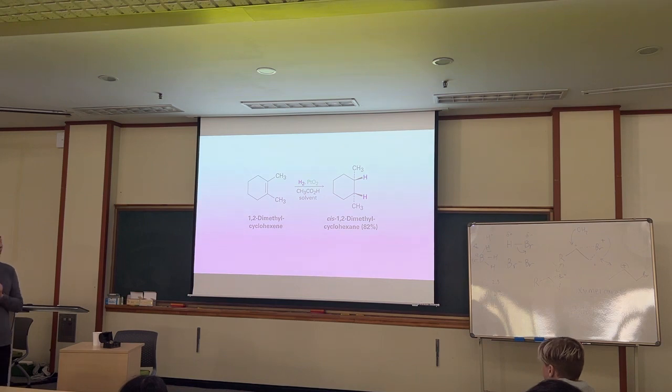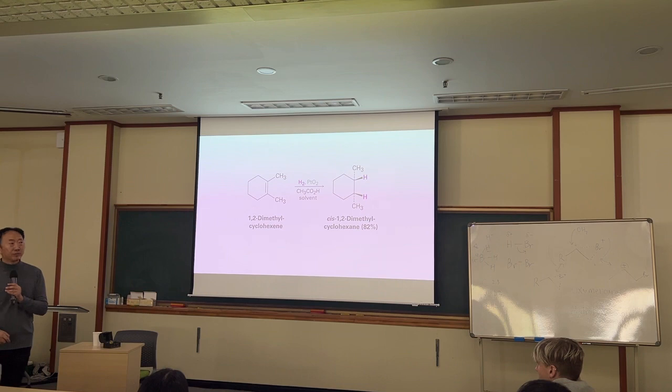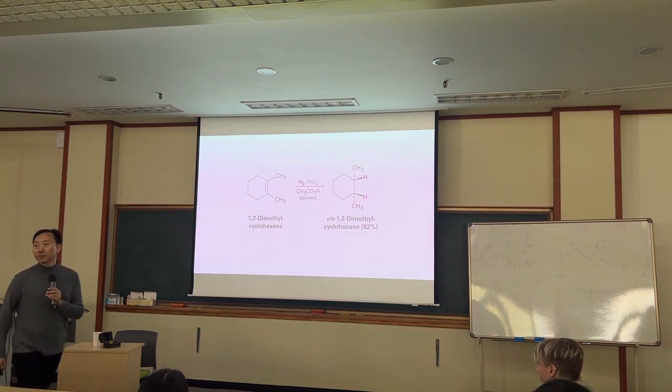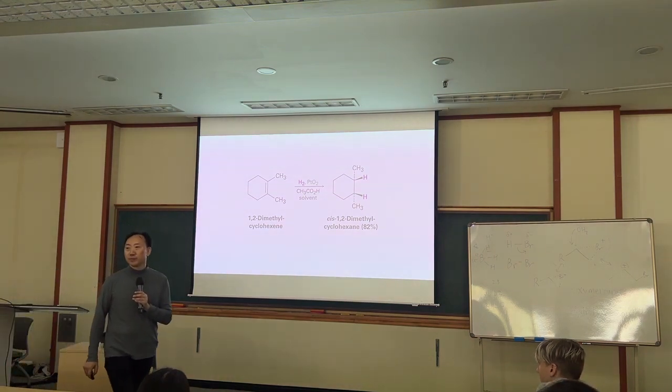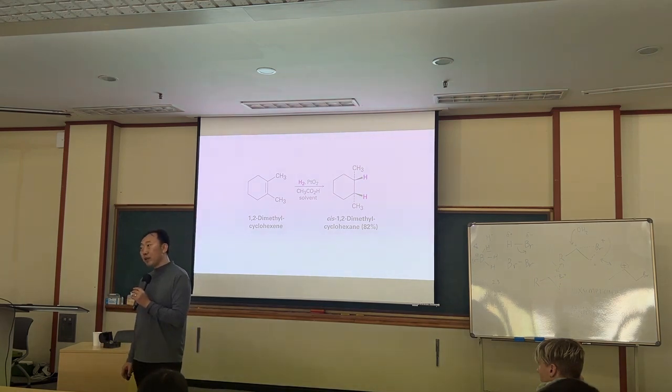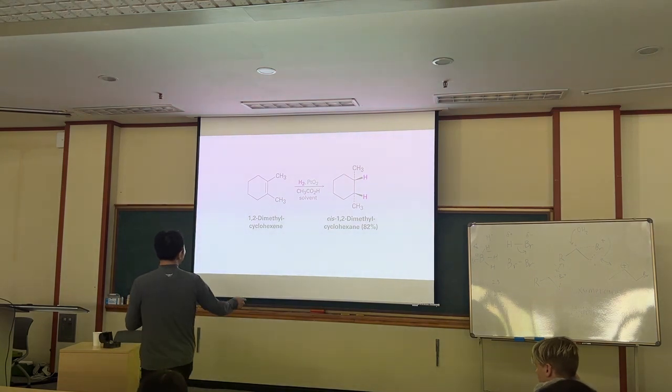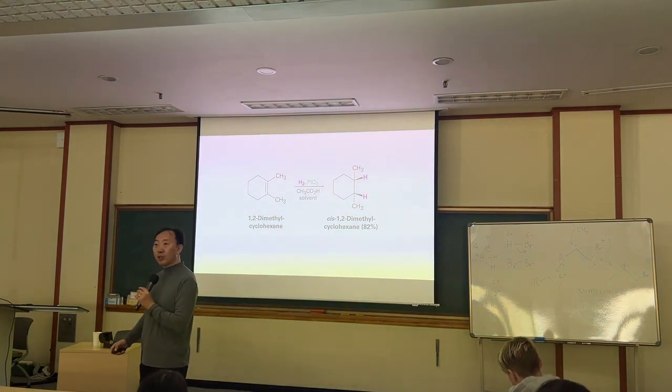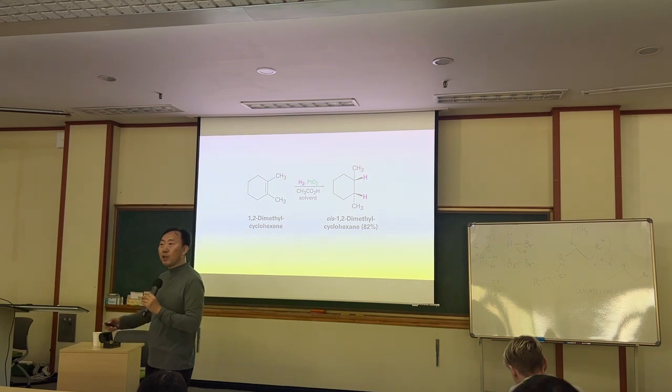Zero. This carbon is a middle carbon, bonded to carbon, carbon. Zero. How about this one? It's -1. Carbon, carbon, carbon, and this is the H. Carbon is more electronegative. From 0 to -1, it's reduced.